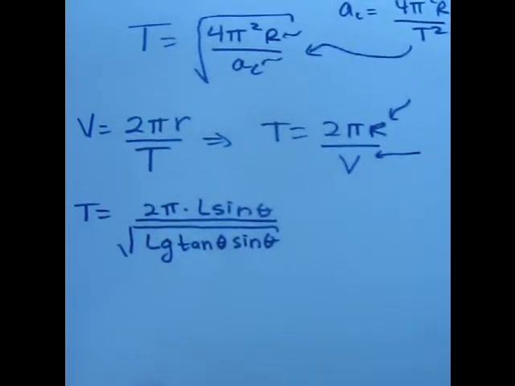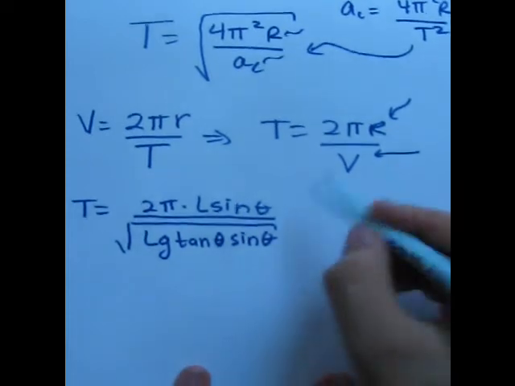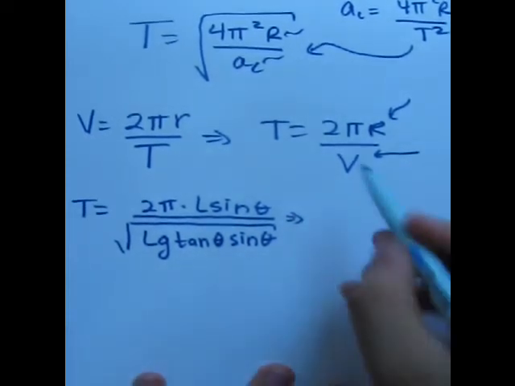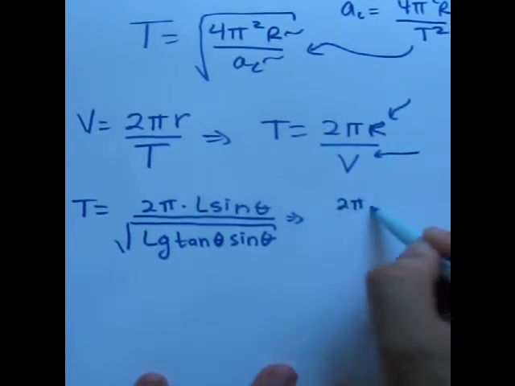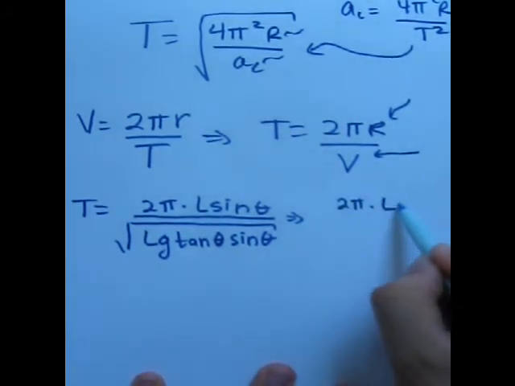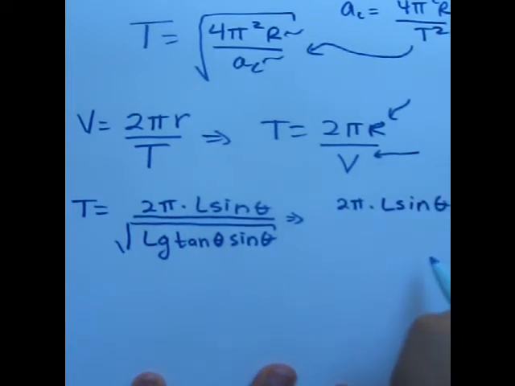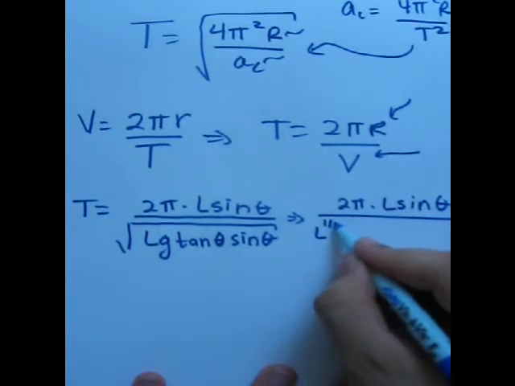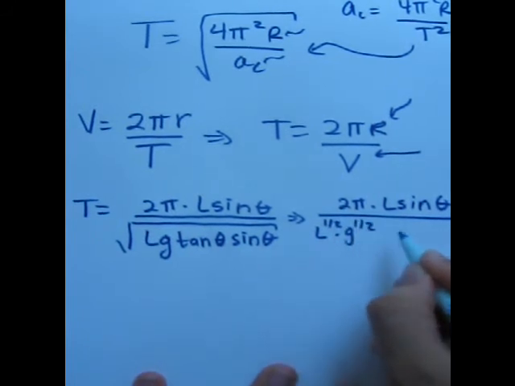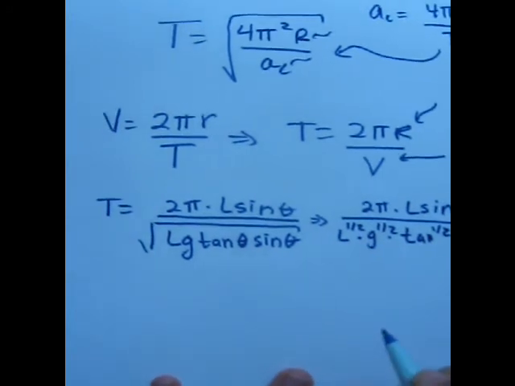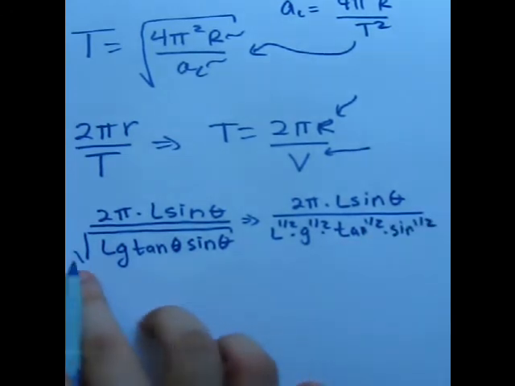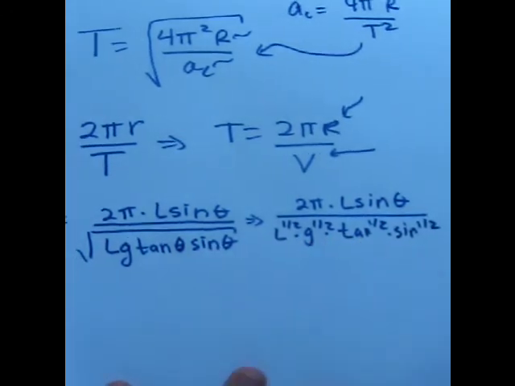Well, everything's pretty much solved for now. The only thing we have to do is some trigonometric simplification, right? We could do 2 pi times L sine of theta, and we could rewrite this as L to the 1/2 times G to the 1/2 times tangent to the 1/2 times sine to the 1/2. So everything's under the square root, I put it all to the 1/2. Why do I want to do that?